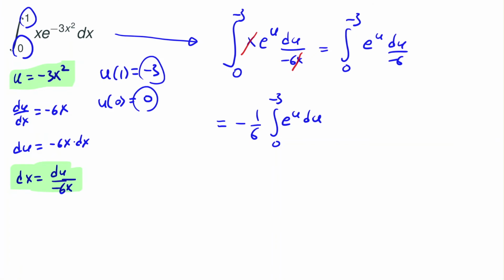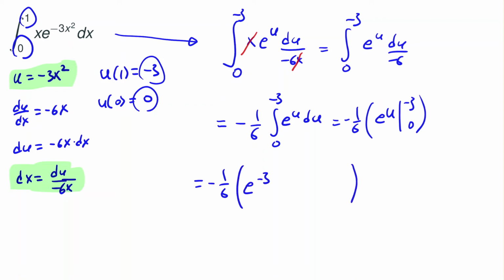So now we're ready to take the antiderivative. So let's take the antiderivative of this right here, which is negative 1 over 6. We're going to multiply afterward. Well, the antiderivative of e to the u is just e to the u. Evaluate at negative 3 and 0. So we have negative 1 over 6, parenthesis, e to the negative 3 minus e to the 0.